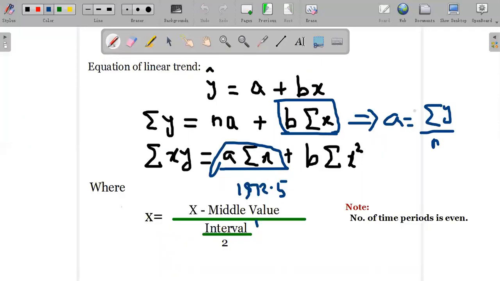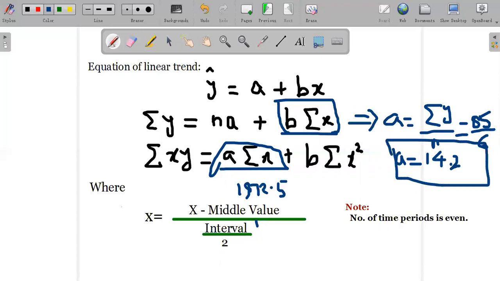Summation y is 85 over 6. 85 over 6 is 14.2. The value of a is 14.2.